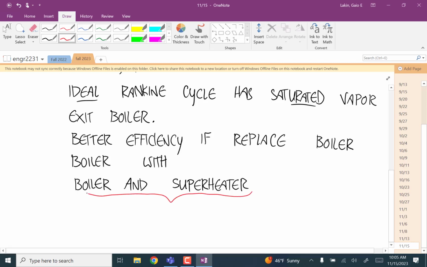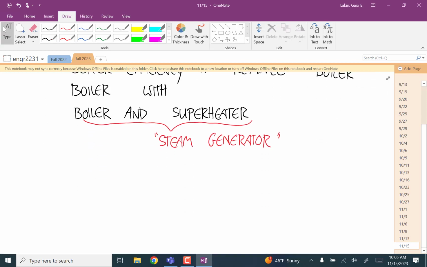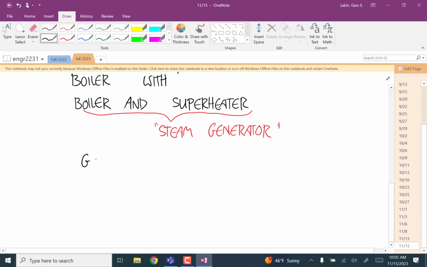These two things together are called a steam generator. And the effect is a cycle that looks like this.